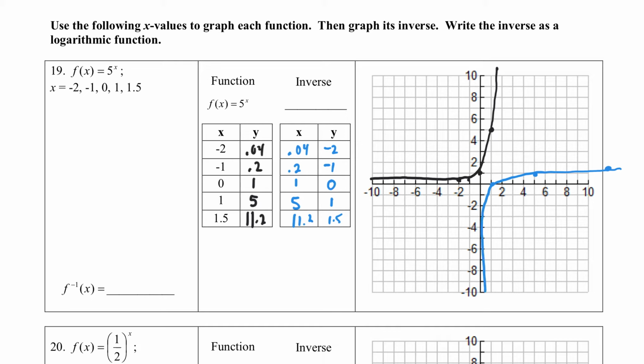And we know that the inverse is going to be log, base 5 of x. And what you're going to do is draw the mirror. Remember, the inverse will always have y equals x as a mirror.